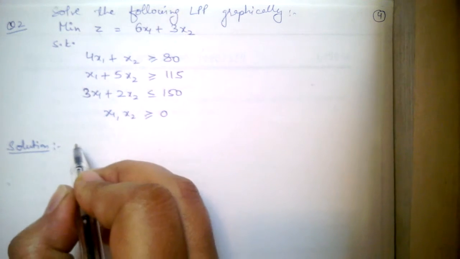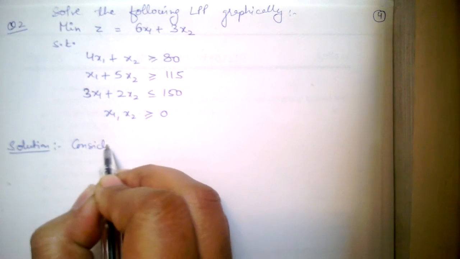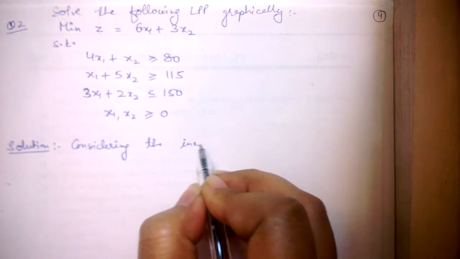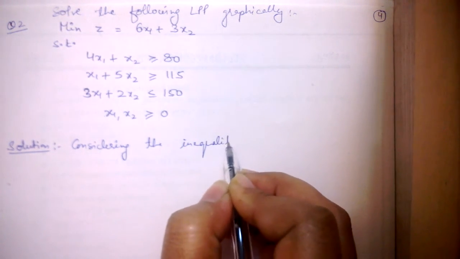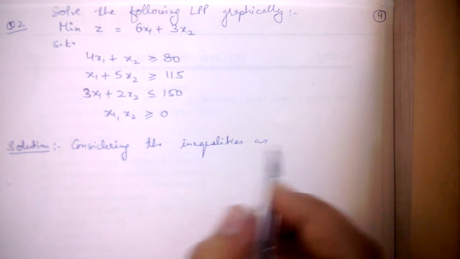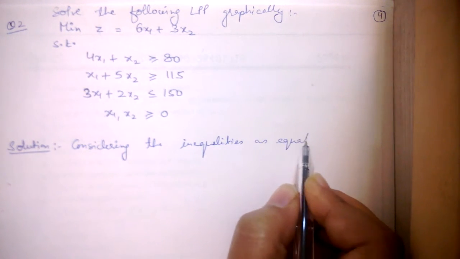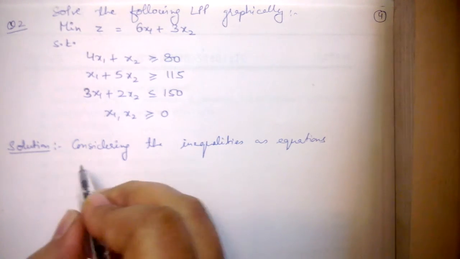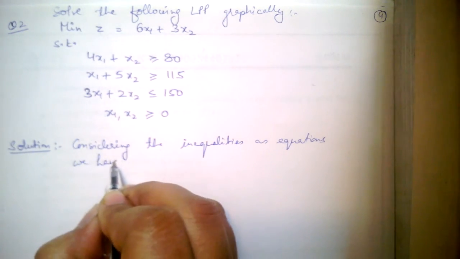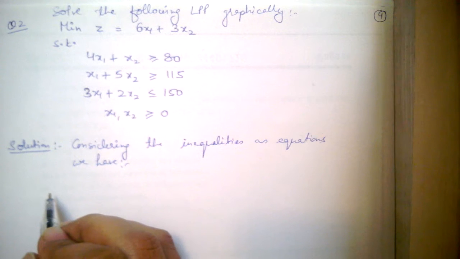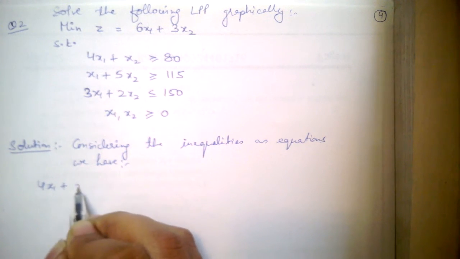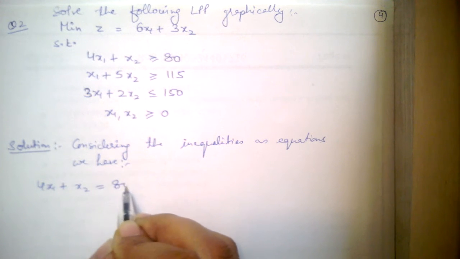So considering the inequalities as equations, we have, considering the first inequality as equation, that is 4x1 plus x2 equal to 80.